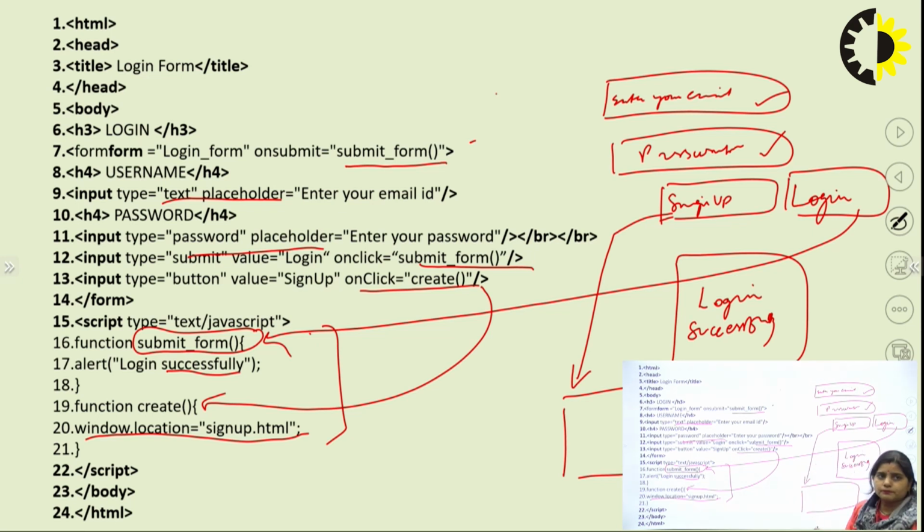When the user signs up, it will take some inputs from the user side. This signup.html page will have some fields which need to be filled by the users. For that particular task, we have created this page also.